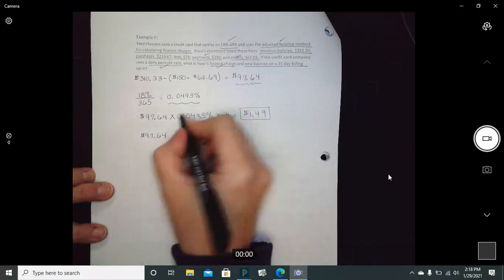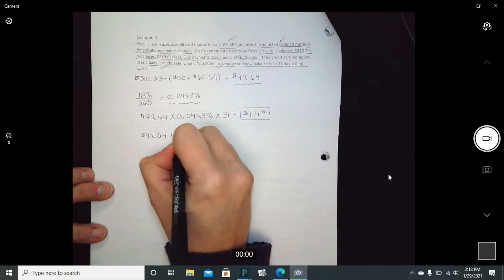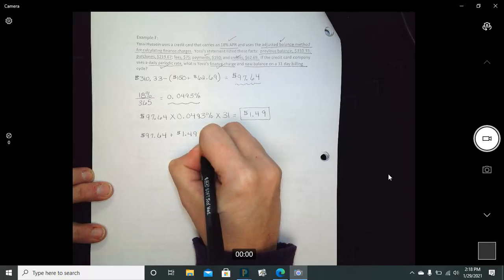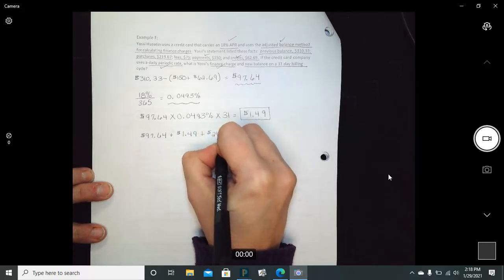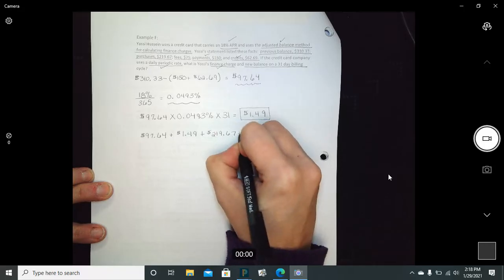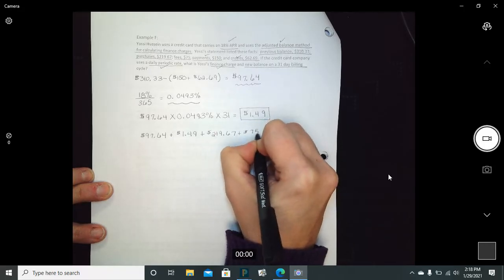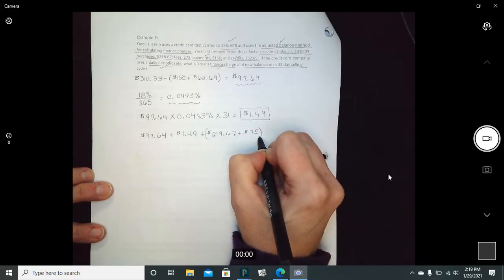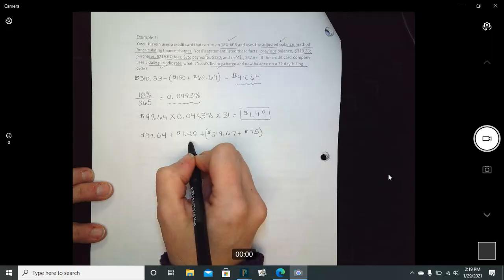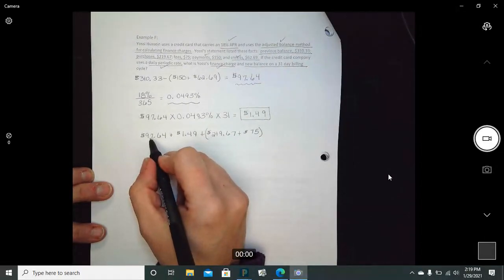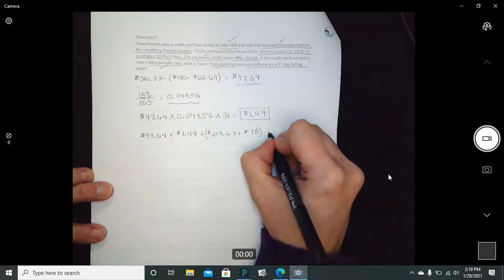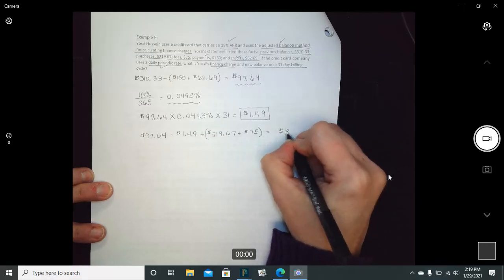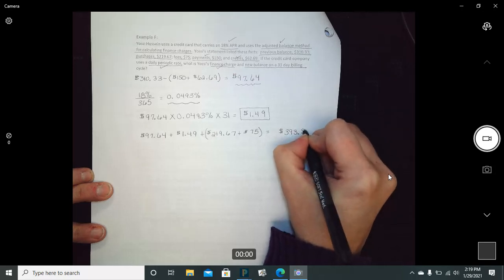I have this plus my finance charge of $1.49 plus purchases plus any fees I have, which I have a fee of $75. These are my purchases and my fees. This is my finance charge here, and this was my adjusted balance. So my new balance is going to be $393.80.